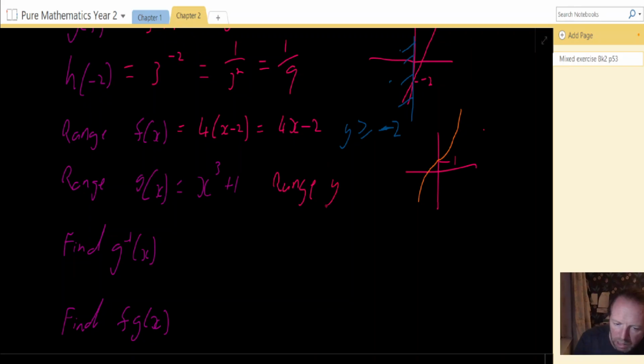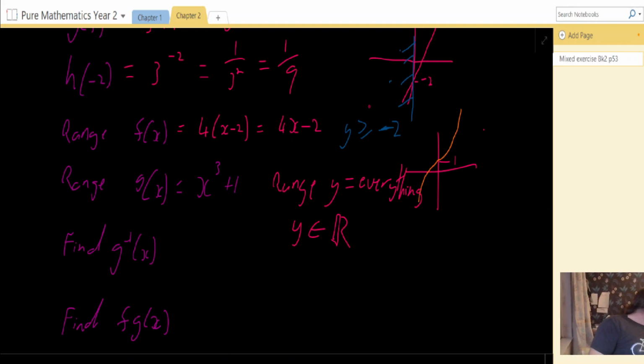Well, that's when y is equal to everything, which we can write as y is an element of the real numbers. I don't think it needs to be anything different to that. Should be g of x really, shouldn't it? Not y, but you understand what I mean. Same thing, g of x.